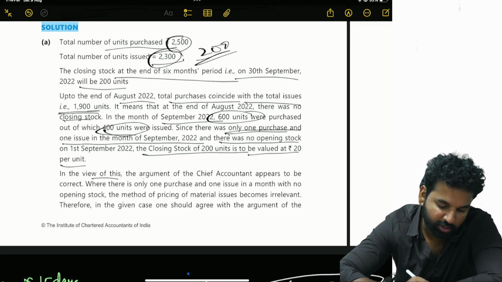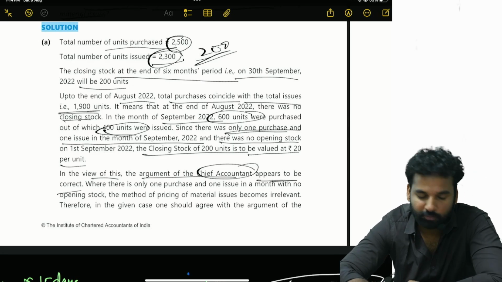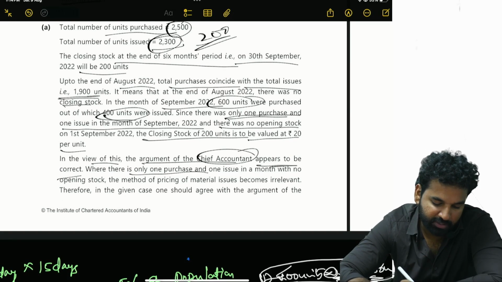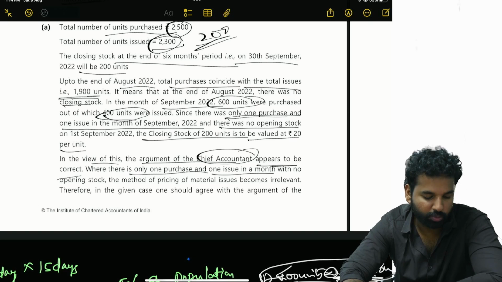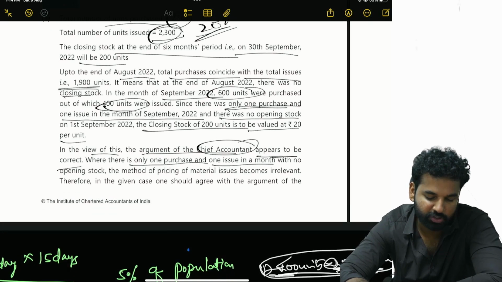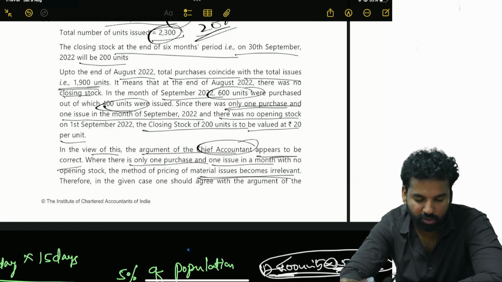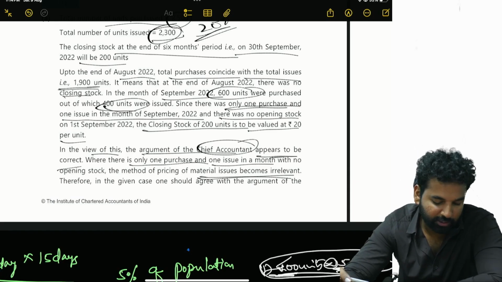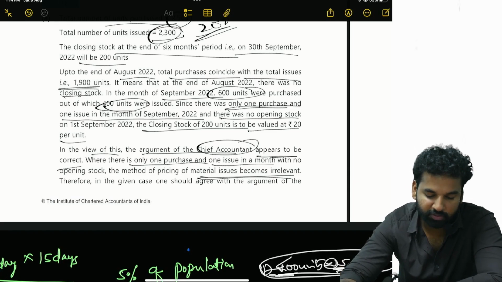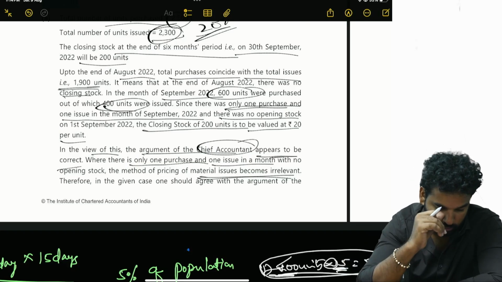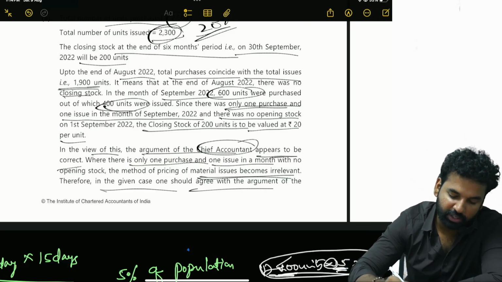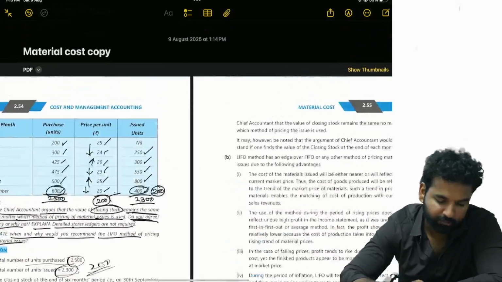In view of this, the argument of the chief accountant appears to be correct. So where there is only one purchase and one issue in 1 month with no opening stock, the method of pricing of the material issues becomes irrelevant. So that means no opening stock, one purchase, one issue in a month, then there will be no difference between two different methods of valuation of closing stock. Therefore, in the given case, one should agree with the argument of the accountant.